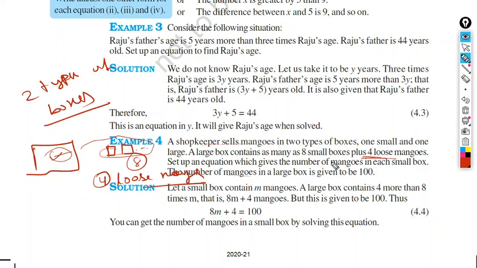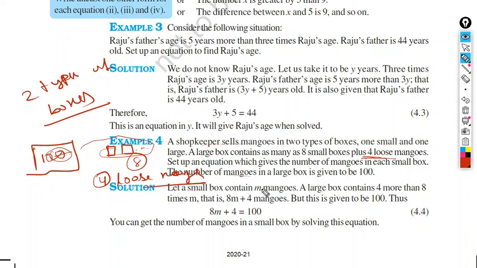Then see what the question is saying. Set up an equation which gives the number of mangoes in each small box. The number of mangoes in the large box is given to be 100. So 100 mangoes are there in the large box.